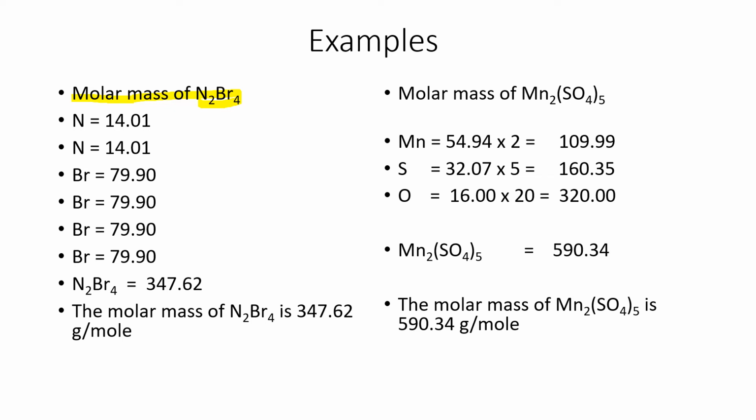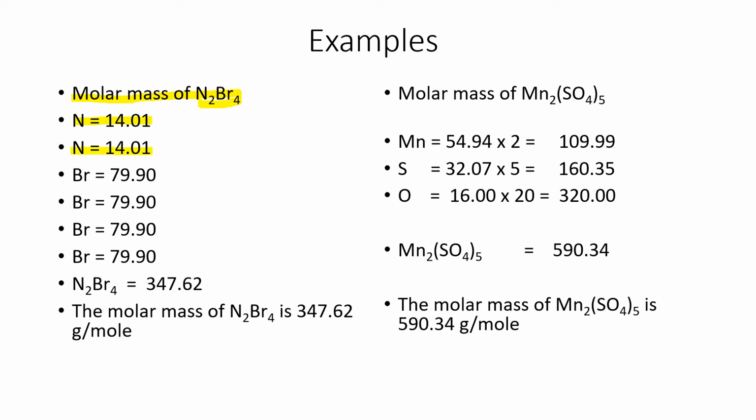And we kind of already know how many of each part is present from when we did the nomenclature. We know we have 2 nitrogens. Well, if we have 2 nitrogens, we look up nitrogen on the periodic table. Nitrogen on the periodic table is 14.01. So we get 2 nitrogens at 14.01 each.